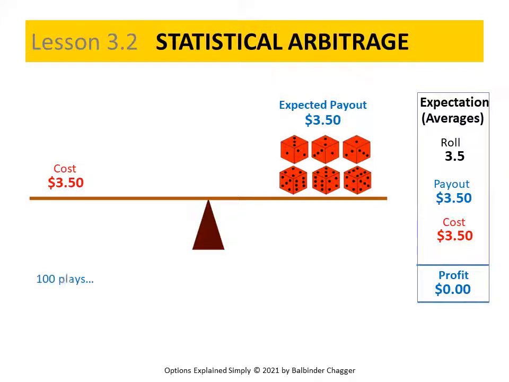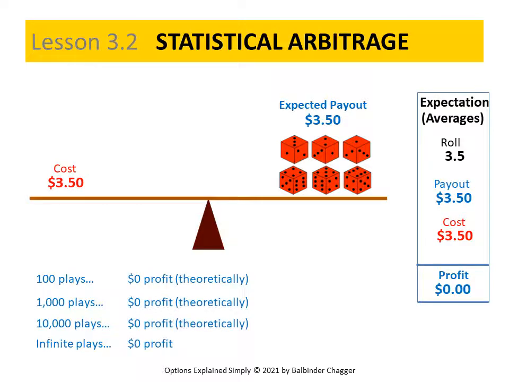At $3.50 per play, there is no arbitrage opportunity. Players will be indifferent to playing, and the organizer will be indifferent to operating this game. This is the importance of statistical arbitrage. Like deterministic arbitrage, it too drives imbalanced prices back into alignment.